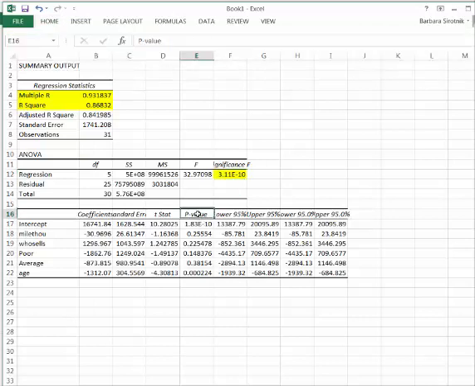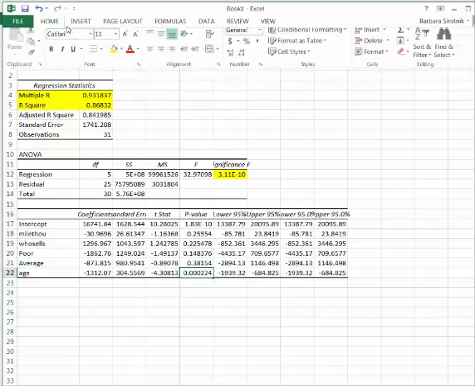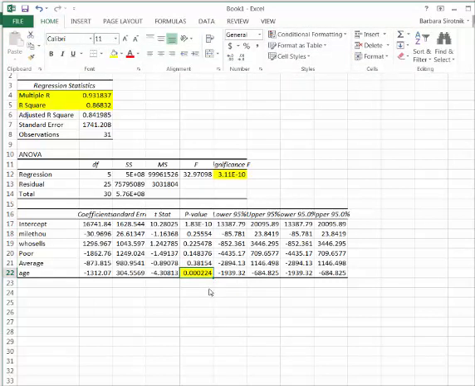Well, all I need to do is look at my p-values here and realize that any of the p-values for my independent variables that are less than 0.05 are good predictive variables. What's less than 0.05? Age. And that's it. That's why my R squared hasn't really improved from the last time I ran it alone.